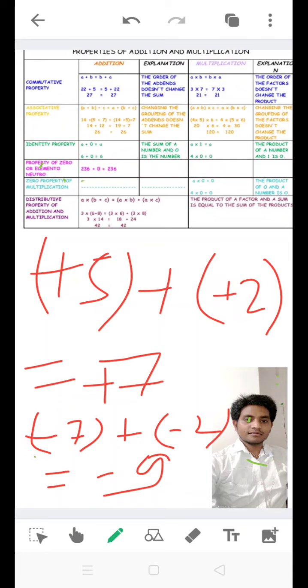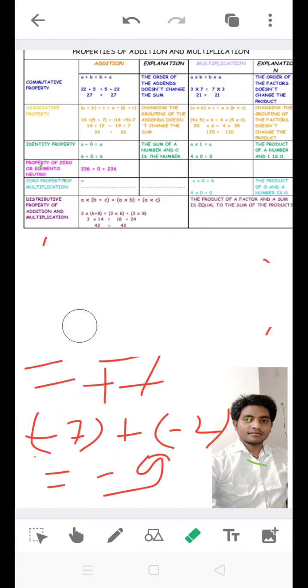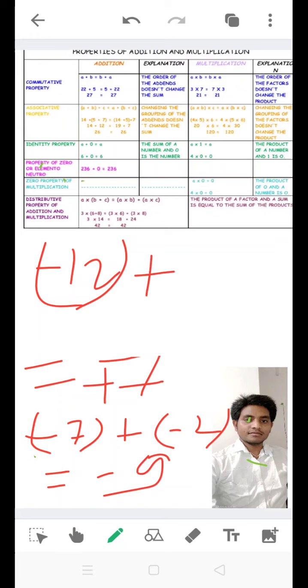Next point, when a positive integer and a negative integer are added, we find a negative or positive integer on the basis of the numbers. Look here, if you have two numbers like minus 12 plus plus 7, then what is the number after solving this?